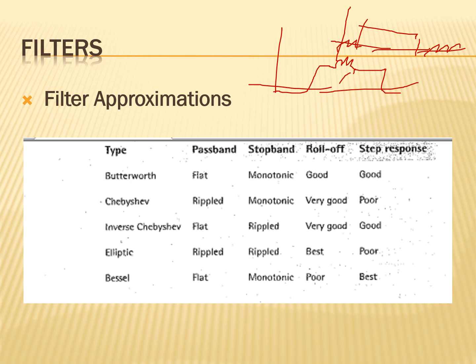So depending on the different requirements in your filter design, you just have to choose which among these different approximations will be used. So definitely you will be choosing one of these because the ideal filter is not practical. Okay, so it is not possible to create or to build.